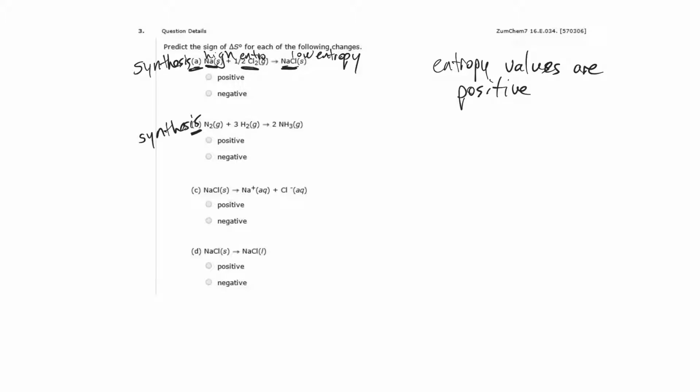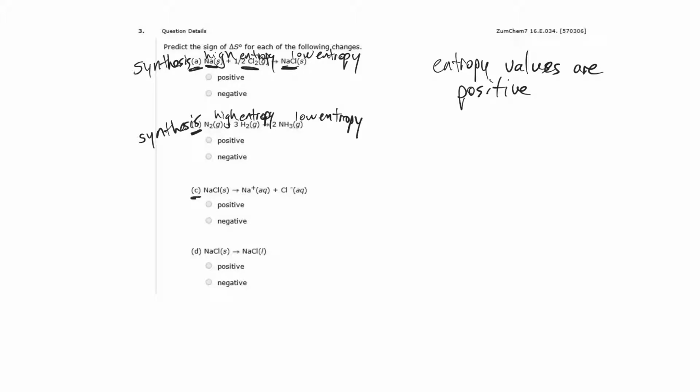A relatively higher entropy is found when they're separated. That'll also be the case in reaction B. You have nitrogen and hydrogen floating around in solution separately, then they come together to form ammonia. There's more order or less disorder, lower entropy, in the product.